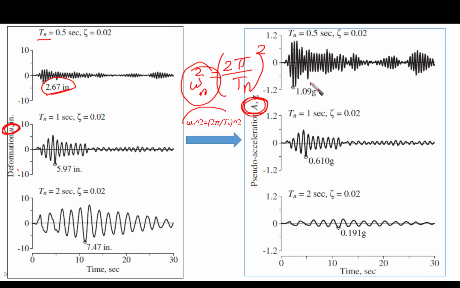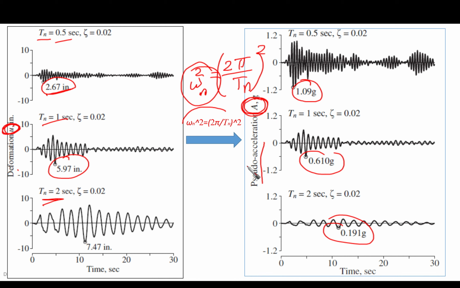You can obtain the maximum acceleration, and the acceleration at each time instant on the graph. This is what we call the pseudo-acceleration. We can repeat it for any other systems and obtain the pseudo-acceleration graph.